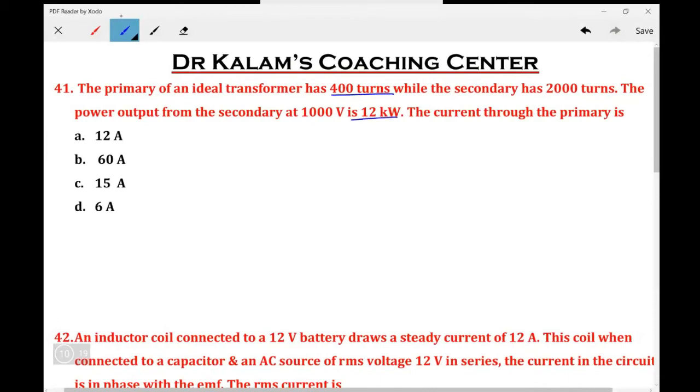This question is based on number of turns. We know that NP by NS is equal to VP by VS.